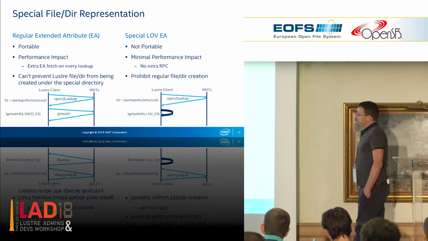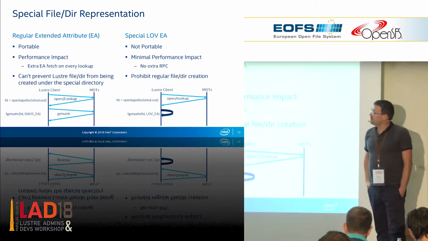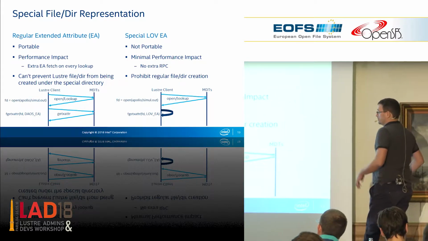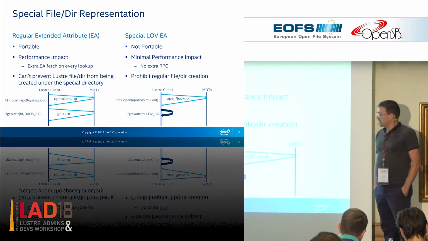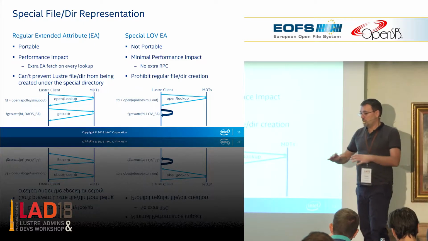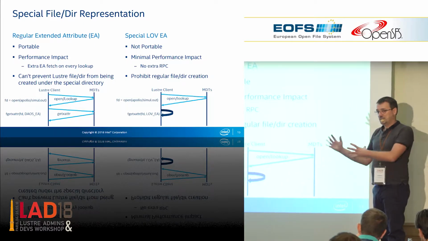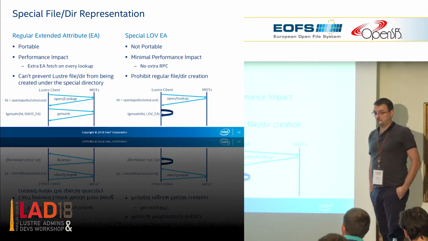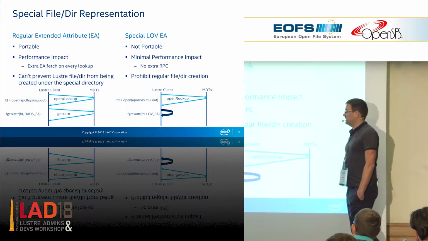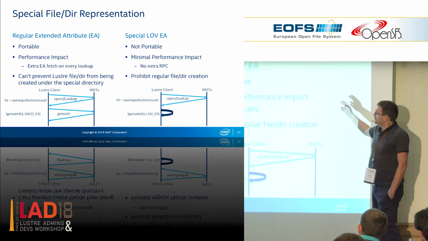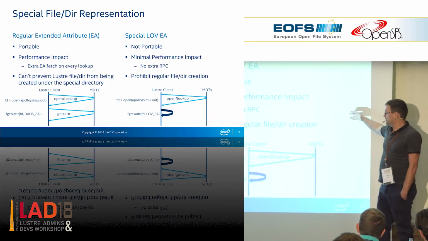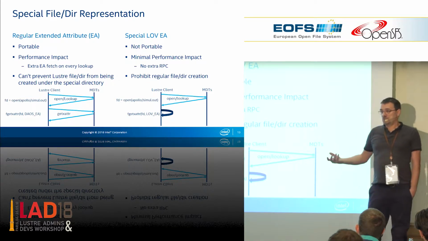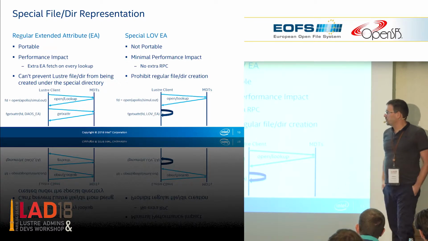In order to address all those issues, another approach would be to modify the LOVEA to store those UUIDs and basically have a representation of a container or a component that is external to Lustre, to some extent very similar to what we do with HSM, with the archive ID and so on. The drawback is that it's not portable, but that's okay. Minimal performance impact, because the LOVEA that represents the layout is fetched automatically on lookup and open.